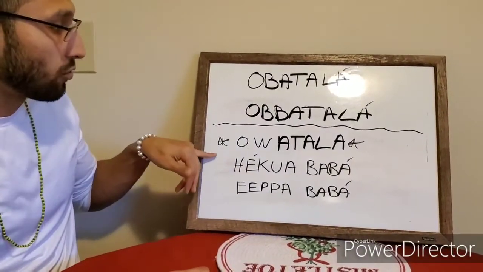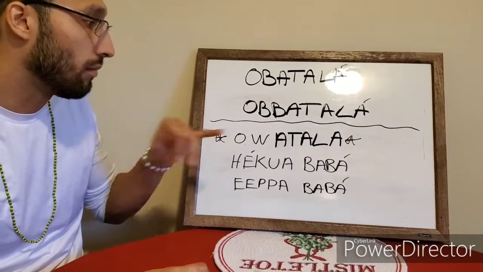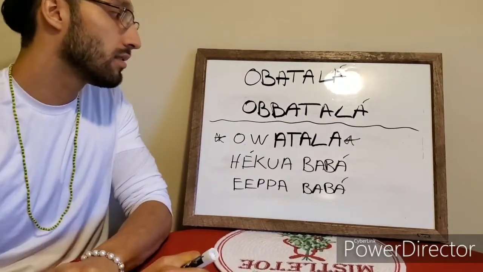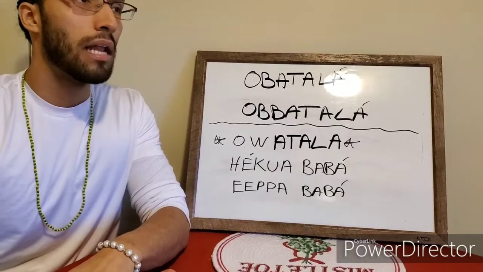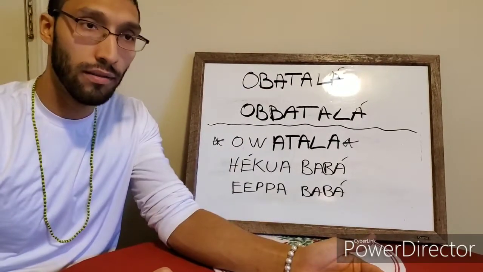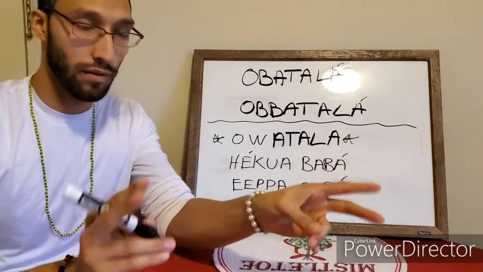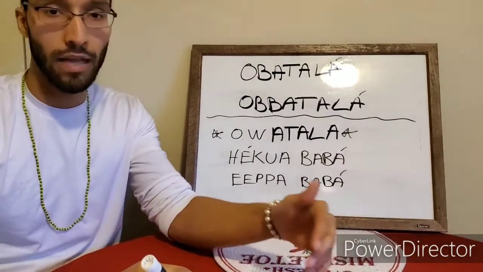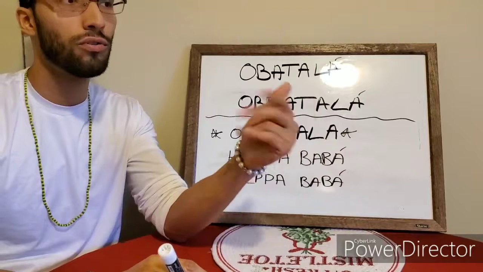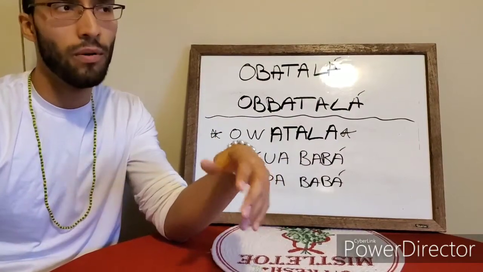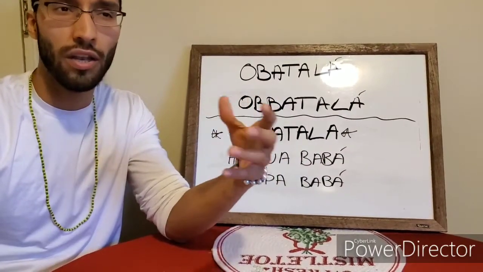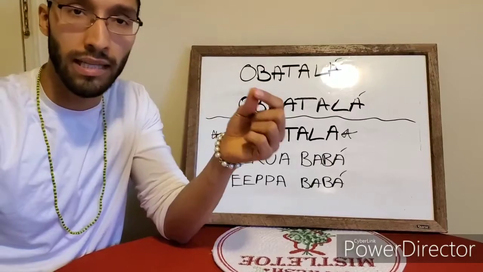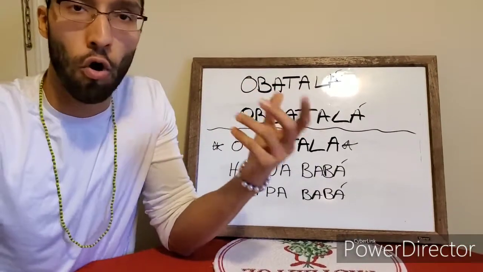The reason why I have this one with a W is because a lot of times how something is spelled and how something is spoken can be two different things. When you say the word Obatala quickly enough, if someone says, hey, who's your crown? Oh, my crown's Obatala. When you say it fast and nonchalant, maybe your lips don't close completely to say the ba in Obatala.